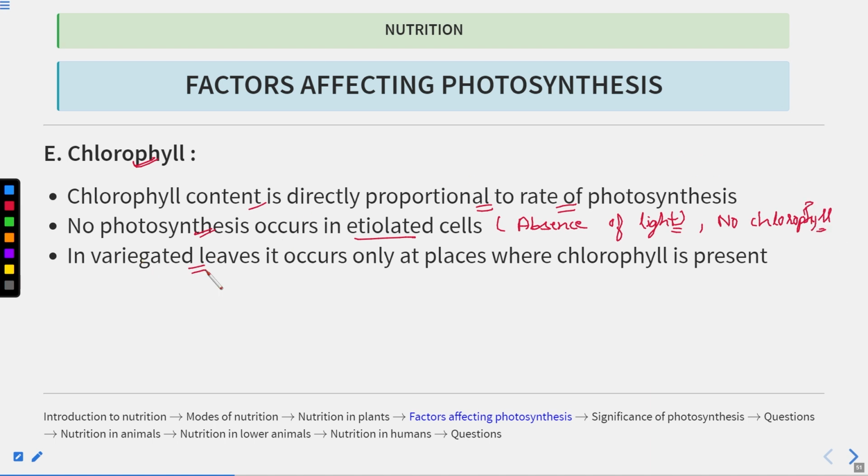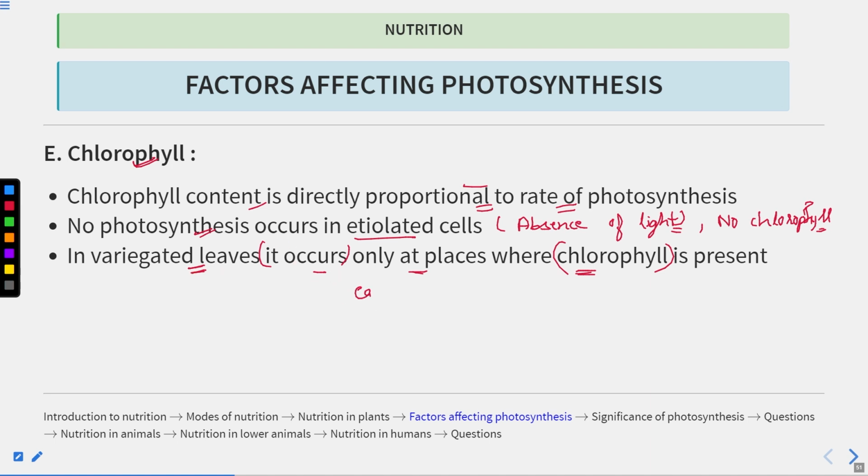Also, variegated leaves are those leaves which have different colors within the same leaf. So in variegated leaves, photosynthesis occurs only at places where chlorophyll is present. So chlorophyll is very important for photosynthesis.